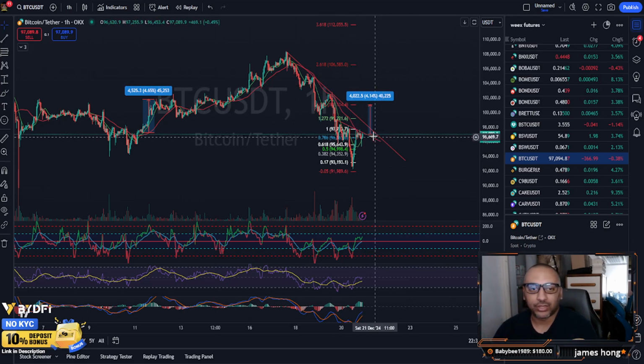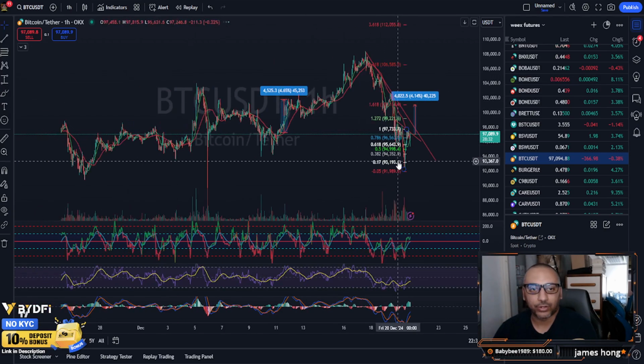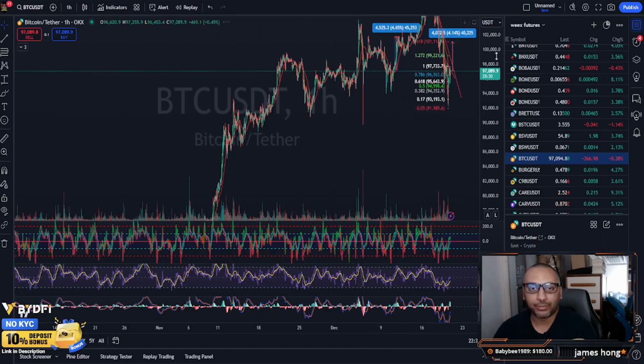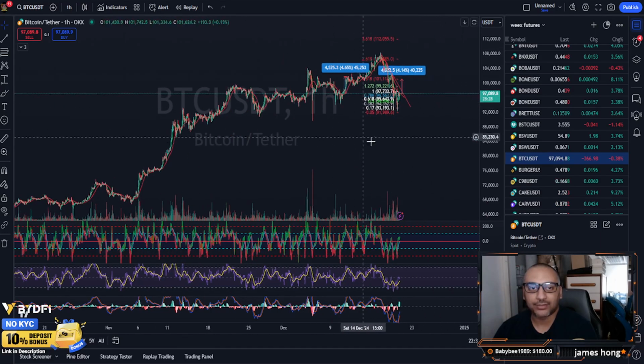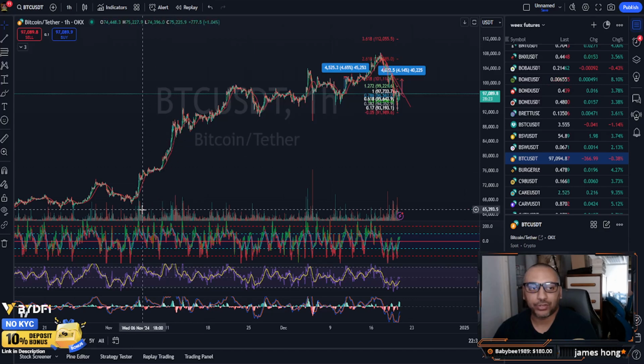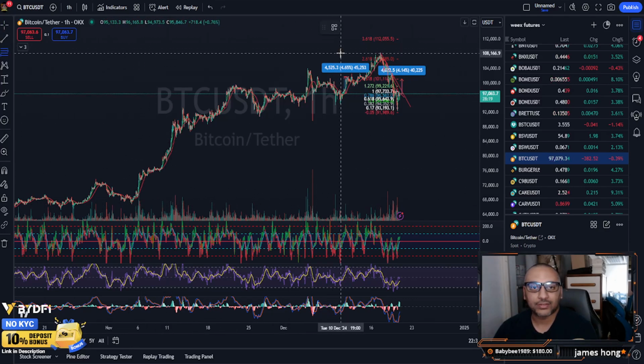I would then be looking for where we could find support, and if we zoom out a little bit, this could give us an idea of where price could go. You could anchor this more than likely right here, but you could anchor it all the way down here just to see where price could be headed.